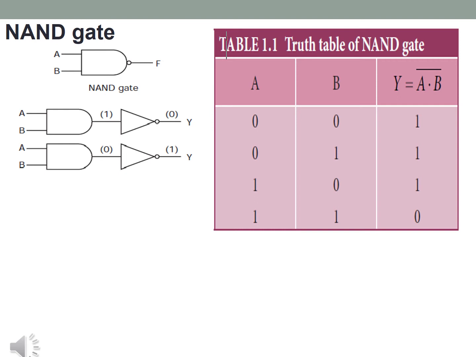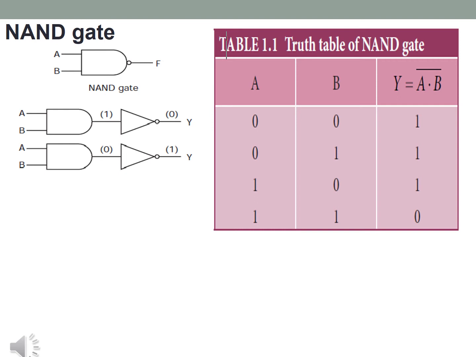Coming to the truth table, we list all the input and output combinations, having two inputs and only one output. That one output is equal to A dot B, the whole bar.